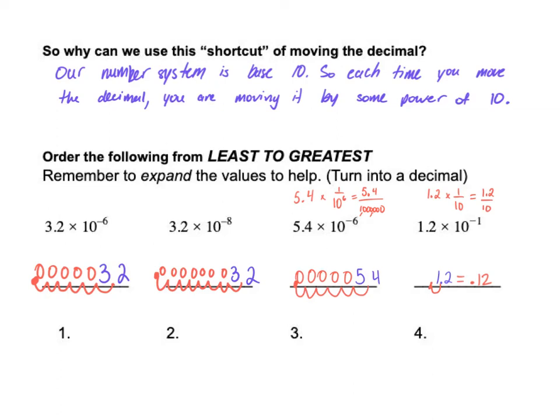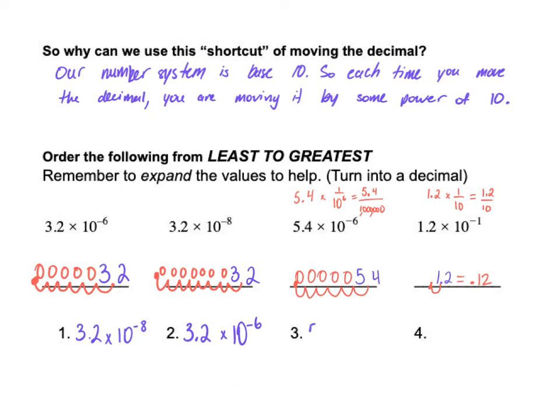All right, so if I want to order these from least to greatest, I want to look for the smallest number first. All right, so that's going to be 3.2 times 10 to the negative 8th. From there, the next smallest value, we have 3.2 times 10 to the negative 6. 0.000003 is less than 0.000005.